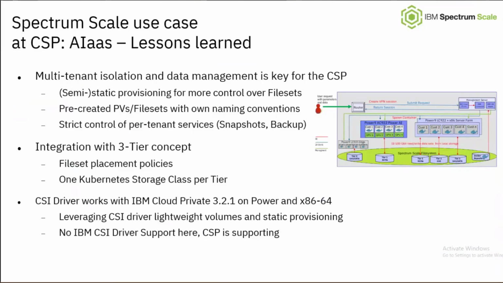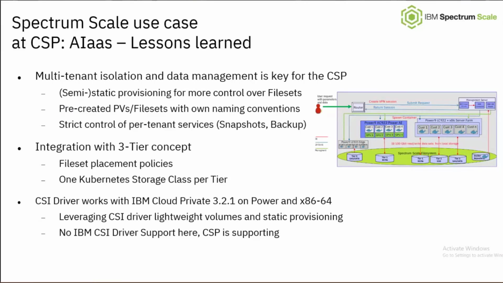So the key requirement was tenant isolation, obviously. So we did not go with the dynamic provisioning that Smita explained. That was also possible with the previous solution as well as the current CSI solution. But rather we used semi-static provisioning done by the cloud service provider's automation rather than by self-service through the client.